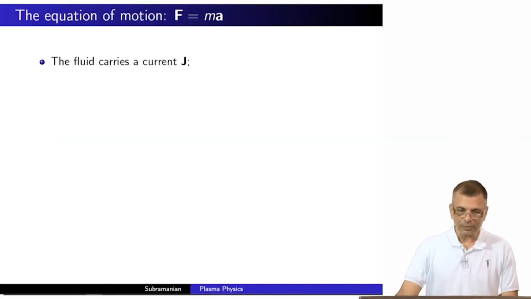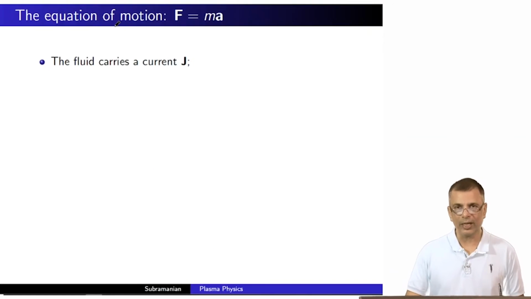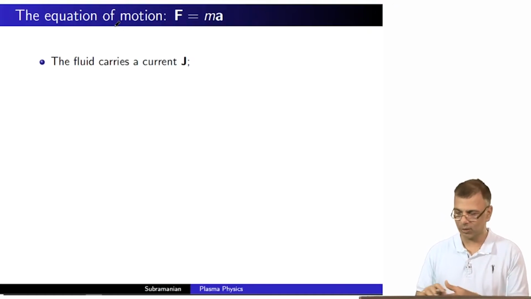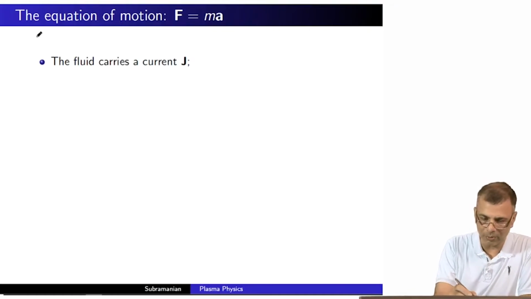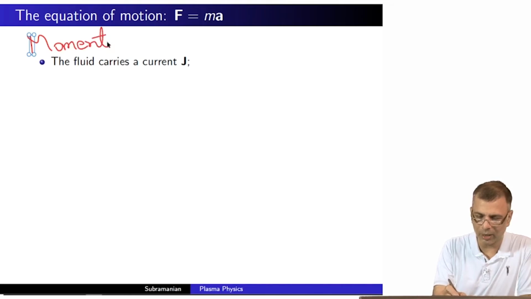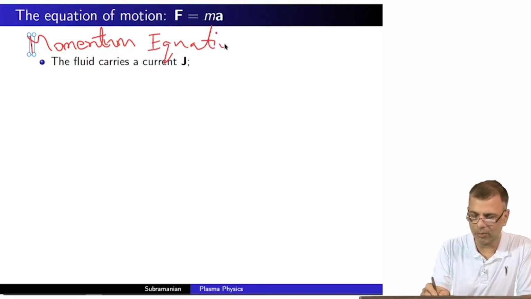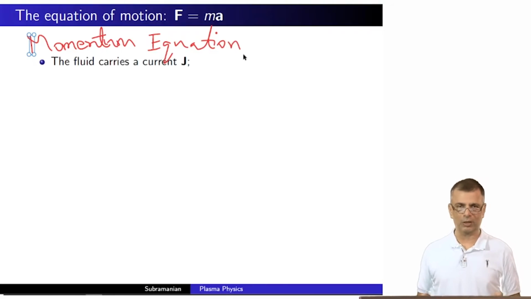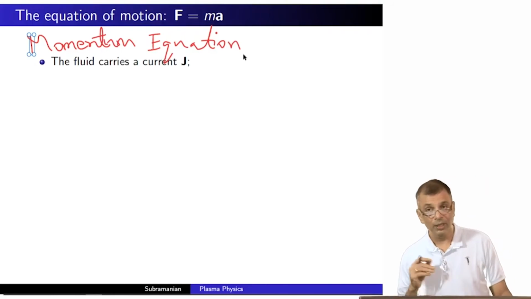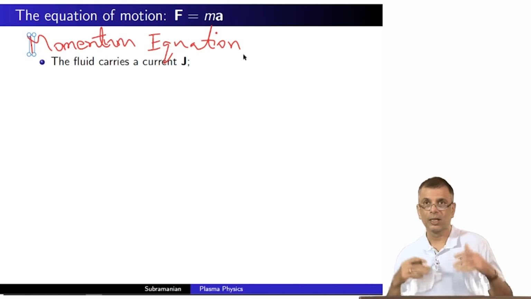So let's now get on to the momentum equation, the equation of motion. We have spent a fair amount of time talking about the momentum equation in fluid dynamics. You remember the Euler equation and the Navier-Stokes equation, all of them are the momentum equation. Now, how is it altered?